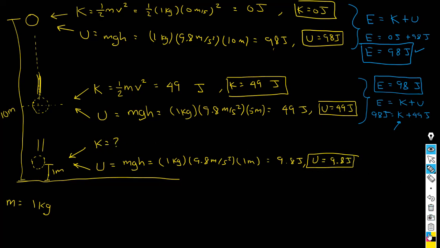Okay, what I do is this. I'm going to help myself with the knowledge that the total energy still has to be 98 joules. That is, the sum of both kinetic plus potential has to be 98 joules. So let's substitute that. E is equal to 98 joules.